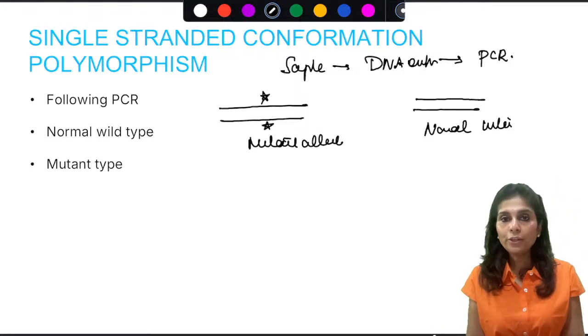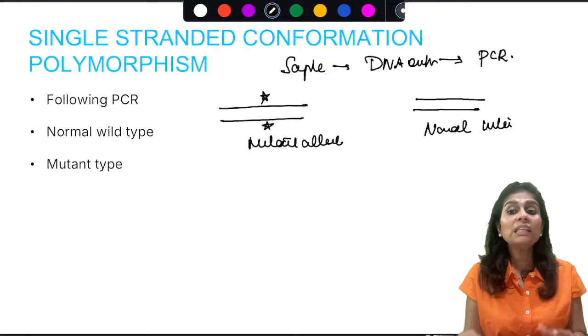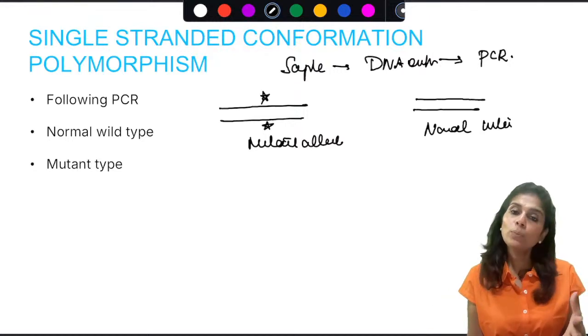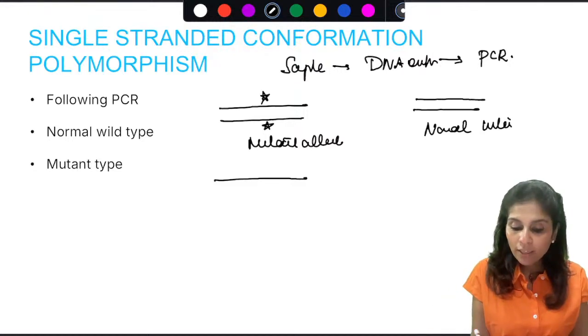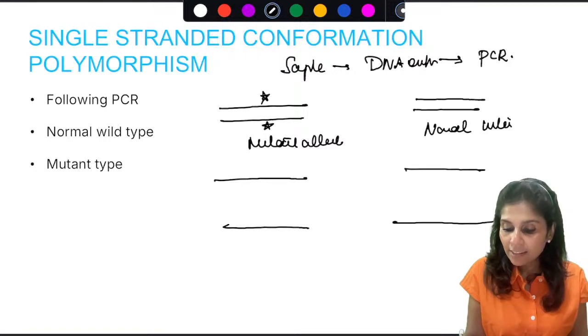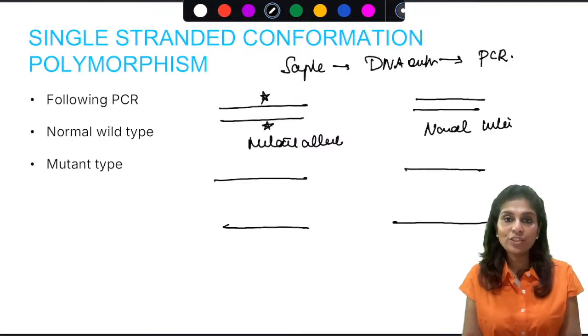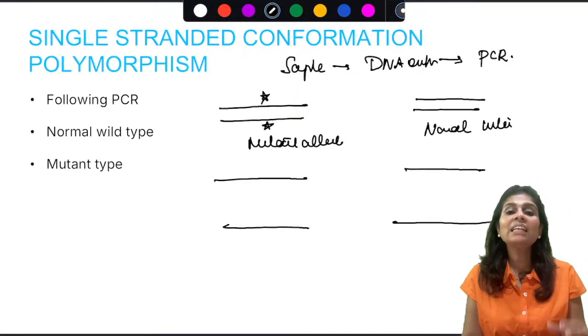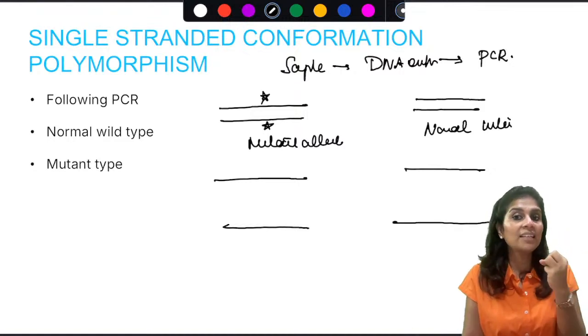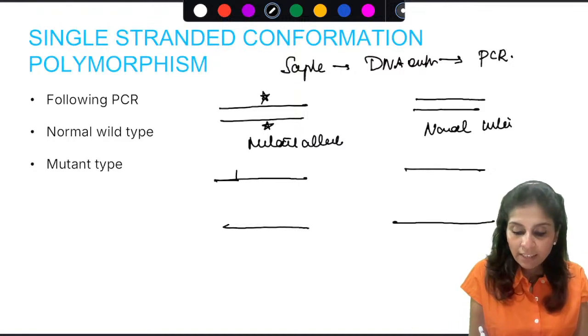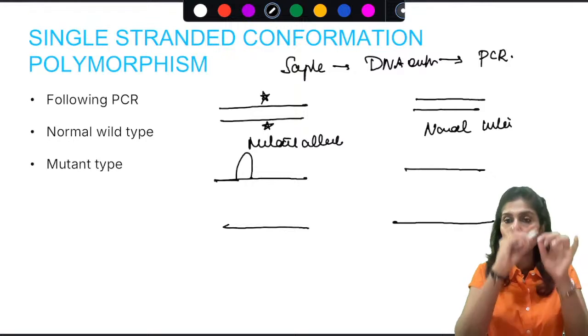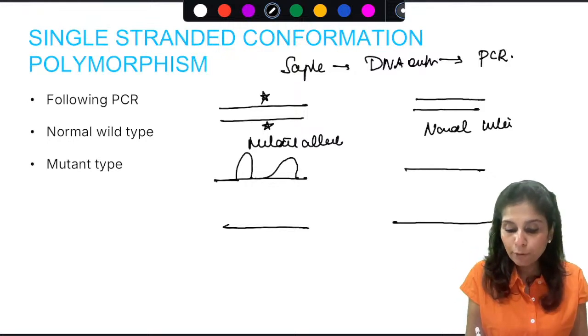Okay, so what I do is I subject these two to denaturation, right? What will happen when I denature it? All these will become single strands. The moment they become single strands, all single strands have an intra-chain base pairing tendency. Anything which is single stranded will bind, right? They will fold to form hairpin loops.